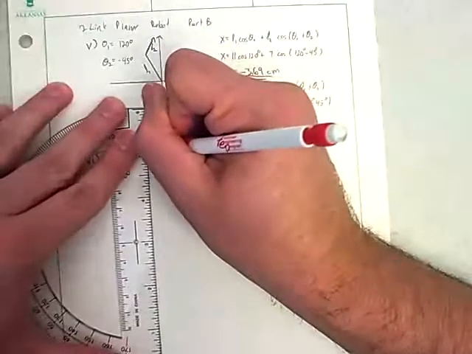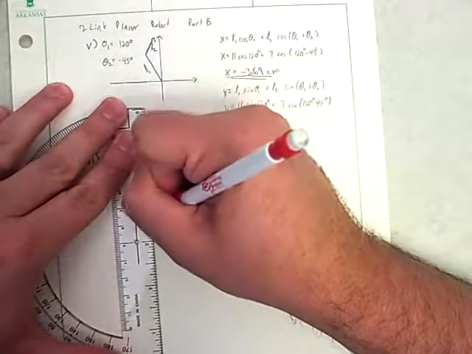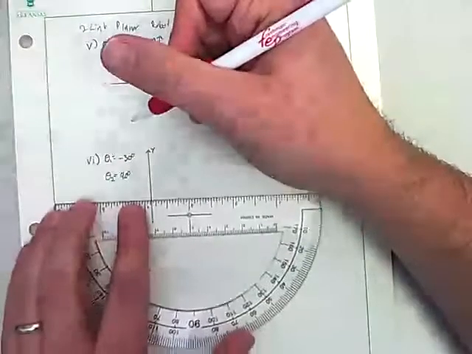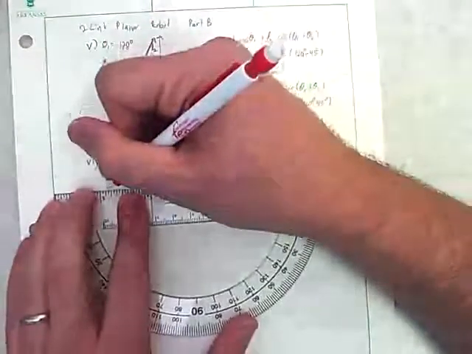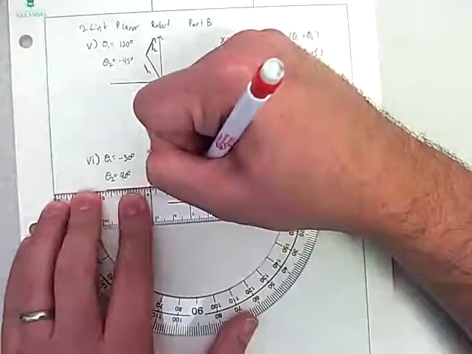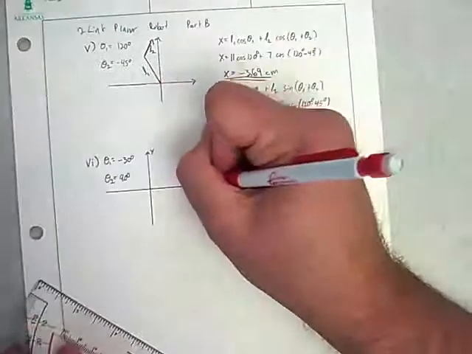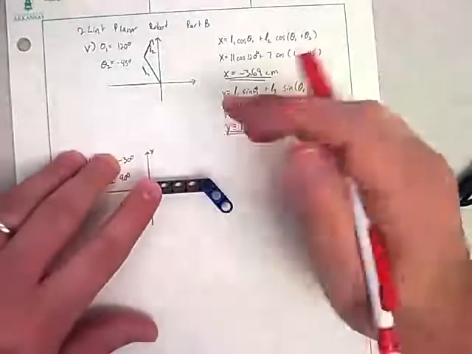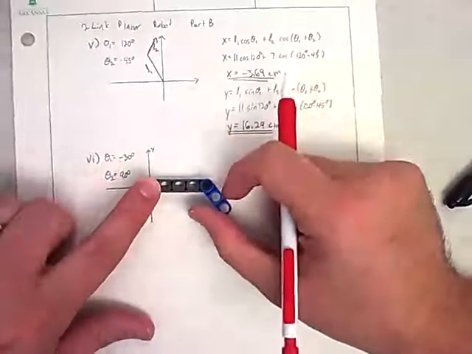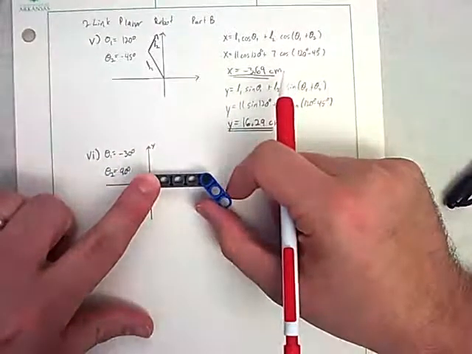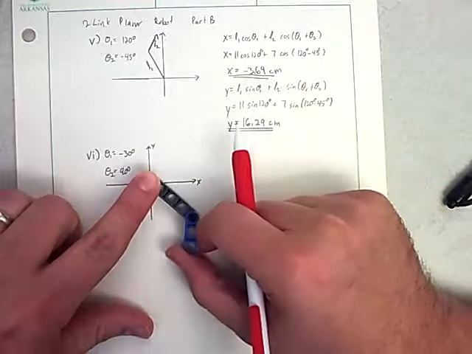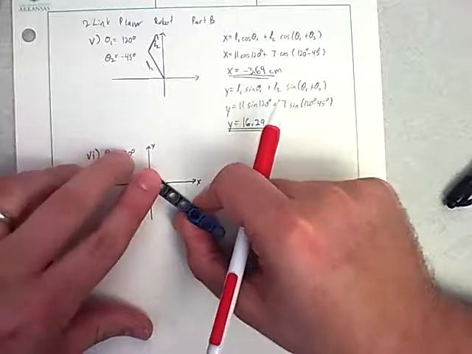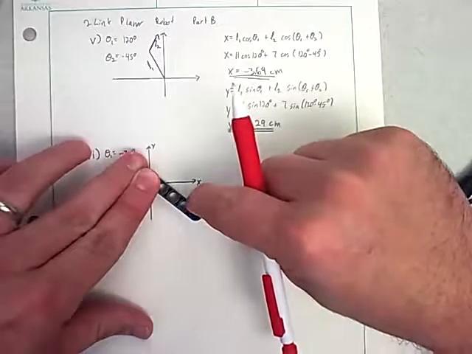So let's draw a coordinate system again. Let's take out our magic piece. And of course you don't have to do this every time to figure out the numbers. It just kind of helps me visualize. So negative 30 degrees is going to be somewhere down there. If we take it from there, we're going to go positive 90 degrees.